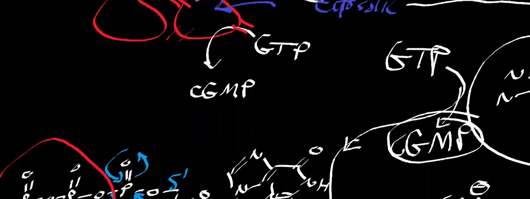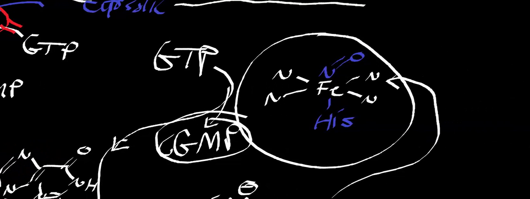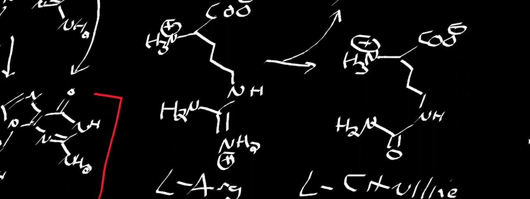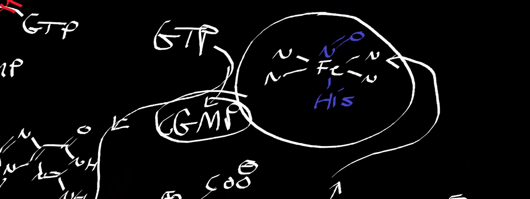In the case of nitric oxide, you have intracellular enzymes, which I believe are microsomal. They're oxygenases, they're nitric oxide synthases, and they catalyze the irreversible conversion of arginine to L-citrulline and nitric oxide. Nitric oxide binds to the heme on this soluble guanylate cyclase, changing conformation, and it cyclizes GTP to cyclic GMP. Okay?